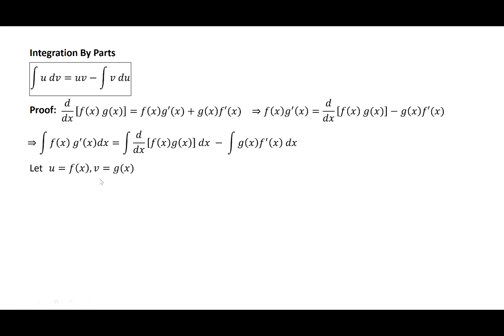Okay, so we make these substitutions, and then what we're going to get is, like I said, the left hand side becomes integral u dv, and this first thing that you see, ignore that for a second. Let's look at this minus part.